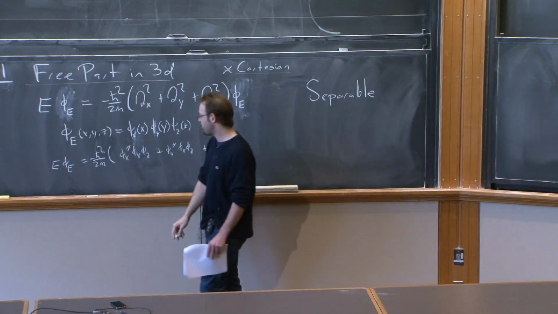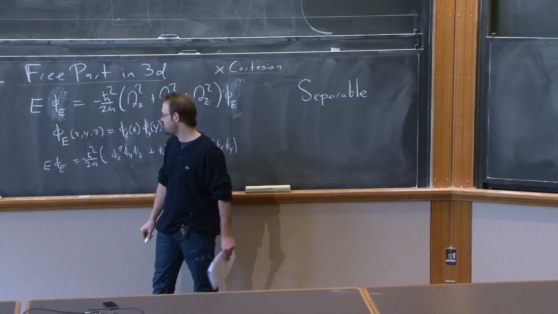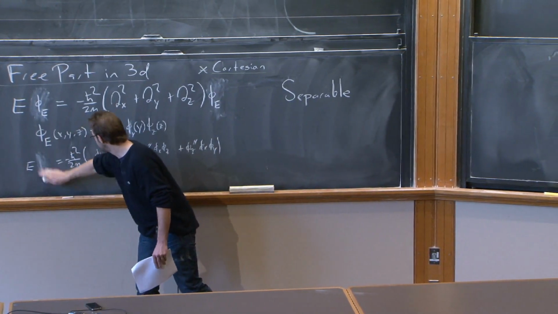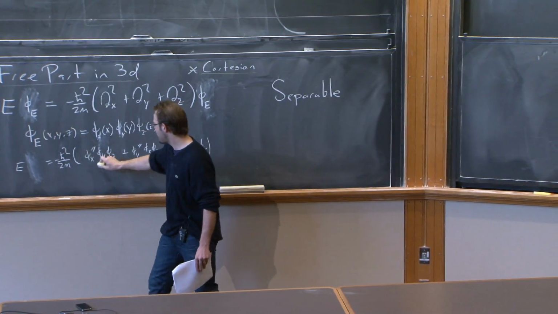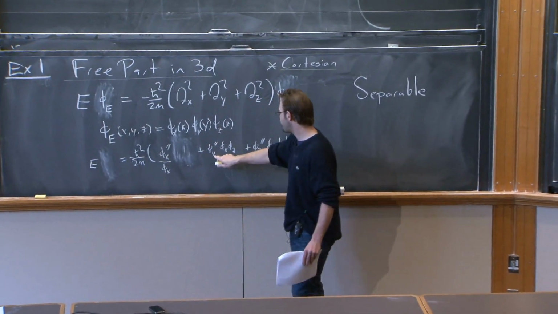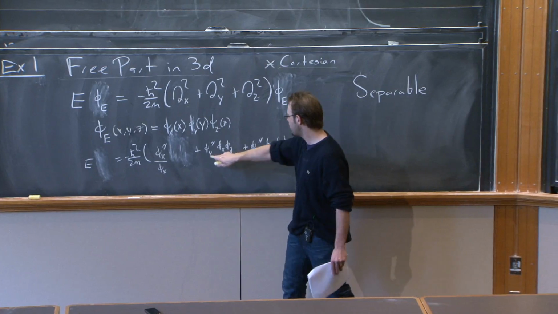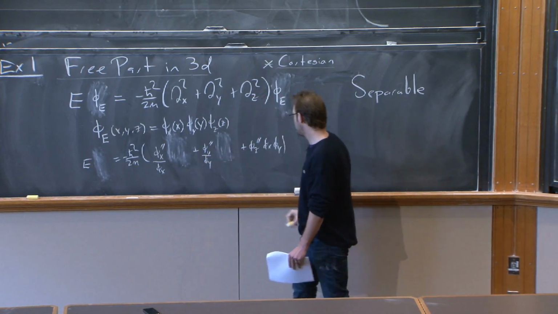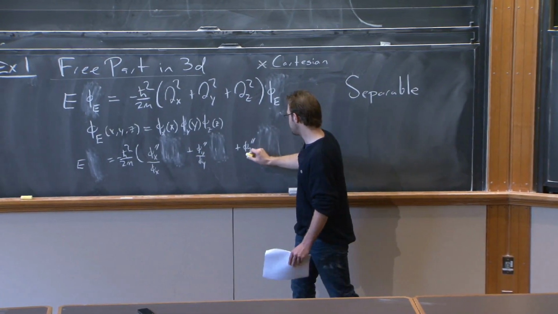But now I can do a sneaky thing and divide the entire equation by phi sub E. Phi sub E is phi x phi y phi z. So if I do so, I lose the phi y phi z, and I divide by phi x. And in this term, when I divide by phi x phi y phi z, I lose the x and z, and I have a leftover phi y prime prime over phi y. And similarly here, phi z prime prime over phi z.